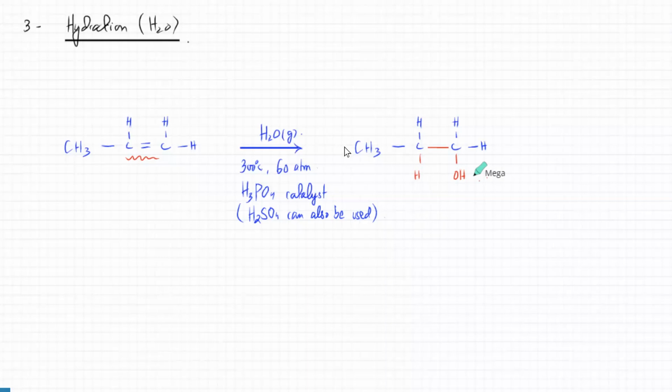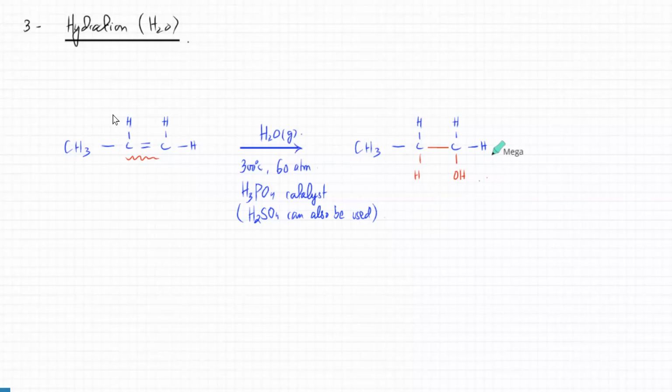Because reversible means that it happens or reverses at the same time, which it doesn't. You can convert an alcohol back to an alkene. That is possible, but it's a separate reaction. Is that clear? Okay. So when you use the term reversible, that means it's going to reverse at the same time, which it won't.